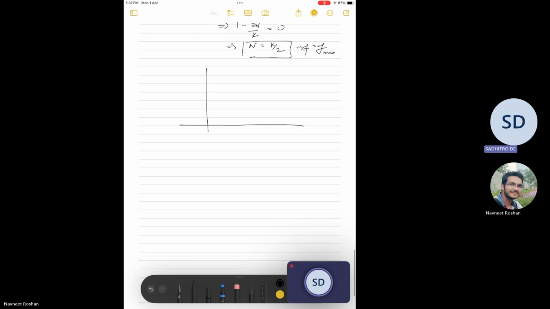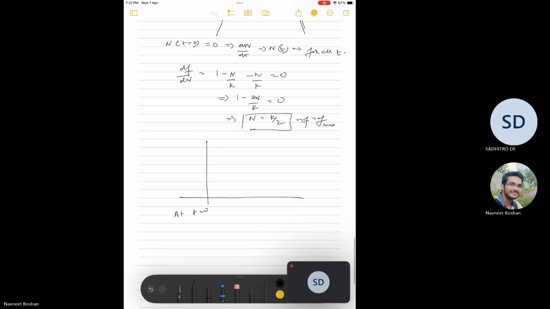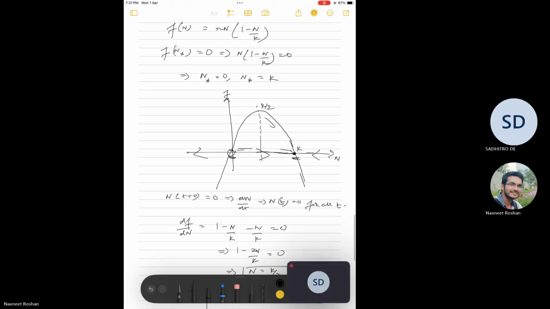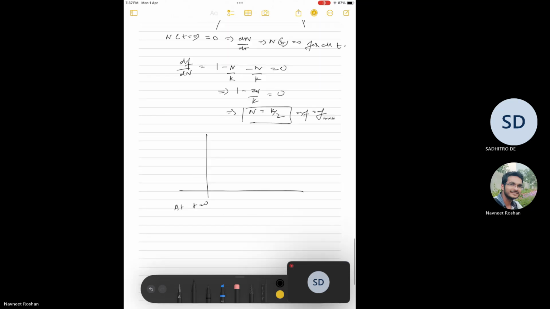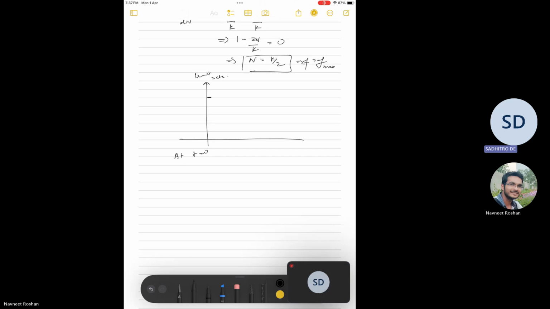At time t equal to 0, basically this is the growth rate, which was initially at n equal to 0.